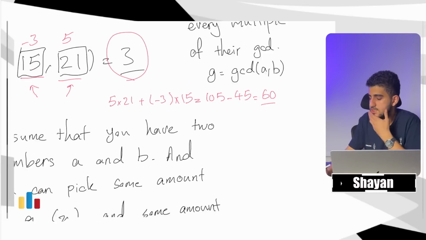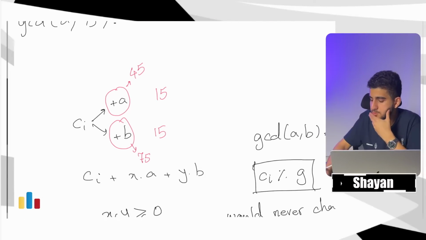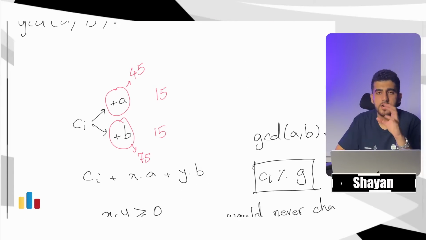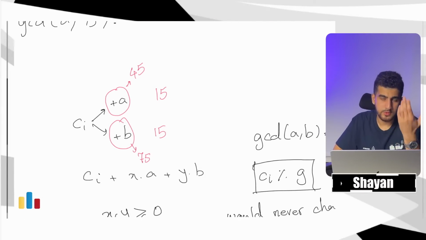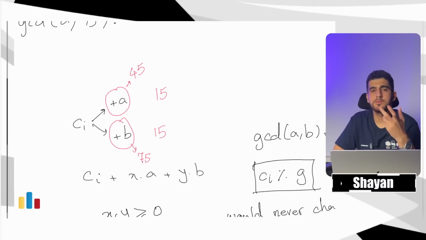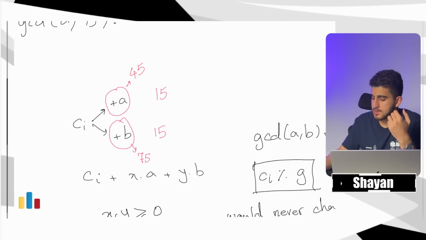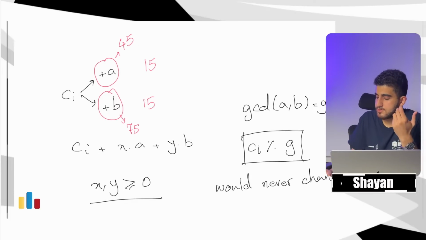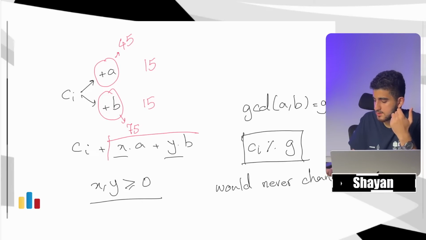So now the point is that in this problem, for each ci, you can choose to increase it by a or increase it by b. For example, assume that you have increased it by a x times and by b y times. Then your final number is going to be ci plus x times a plus y times b.